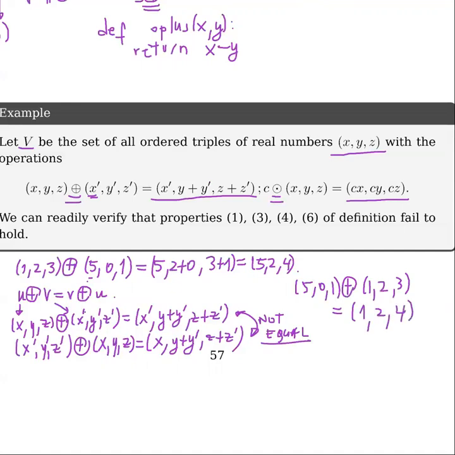You see, these two are not equal. And we say the first condition is satisfied if it holds for every possible vectors. Now we see that the first property is not satisfied. We can check the other properties.